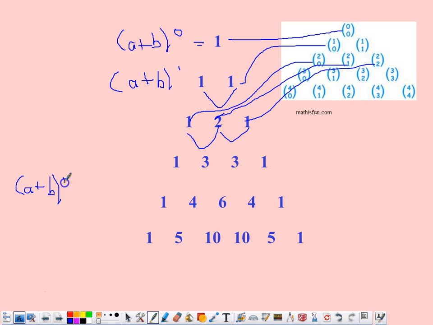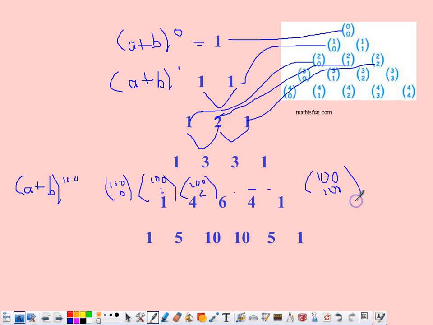If I'm raising it to the 100, I know that on Pascal's triangle, all I need to know is it's going to be 100 things taken 0 at a time, 100 things taken 1 at a time, 100 things taken 2 at a time, all the way up until I get to 100 things taken 100 at a time. Okay, so that's really convenient.